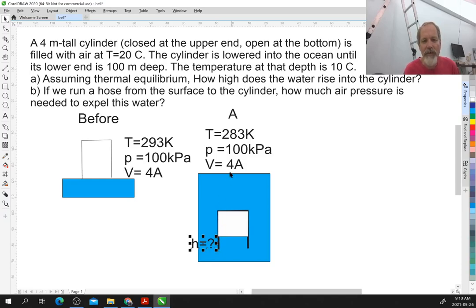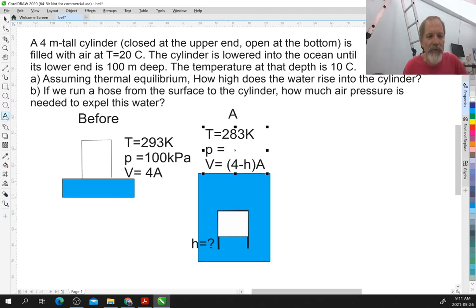Okay, so the volume of gas now in the cylinder is going to be 4 minus H times A. The pressure, I don't know the pressure now, but I should be able to figure it out, right? The pressure is going to be related to the other thing, the lower end is 100 meters deep.